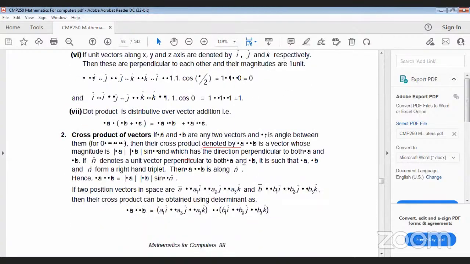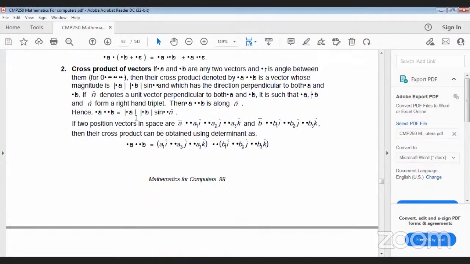In the dot product we didn't have direction, but in the cross product we have a direction perpendicular to both A and B. Here n cap denotes the unit vector perpendicular to both A and B, because the cross product is a vector.